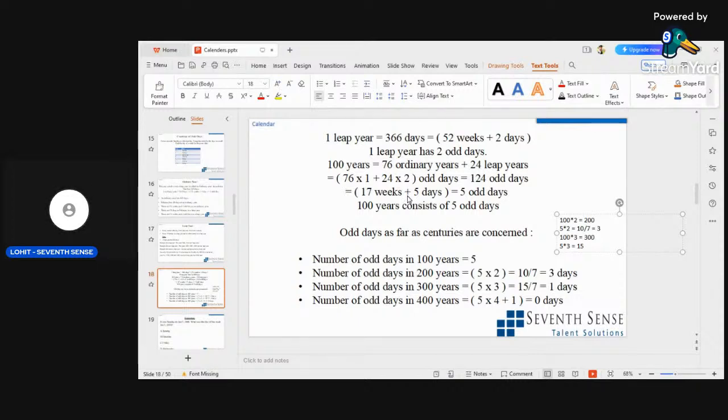And 20, if you divide by 7, the remainder is 6. What is the reason for writing 0 there? My answer is 6, right? So why am I writing 0 there? Anyone?